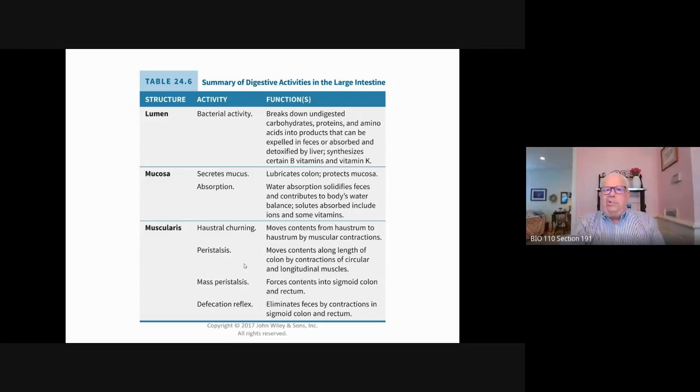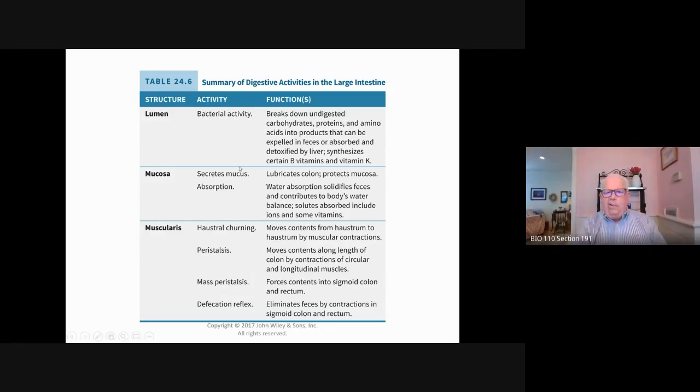And this just shows you the digestive activities in the large intestine. It's basically due to bacterial activity, okay? Because the majority of the function of the large intestine is to absorb the remaining 10% of water.